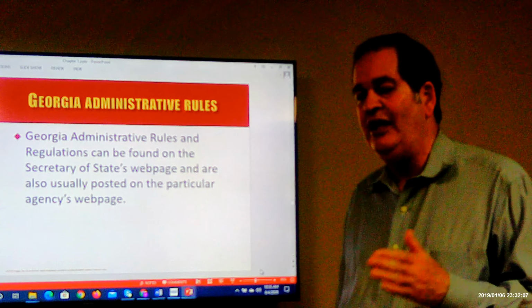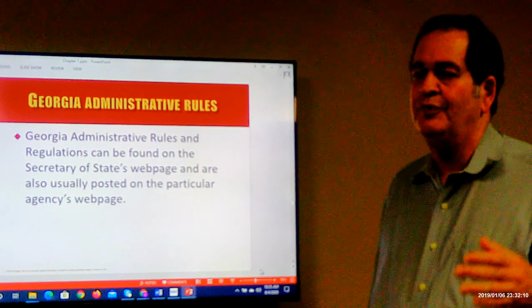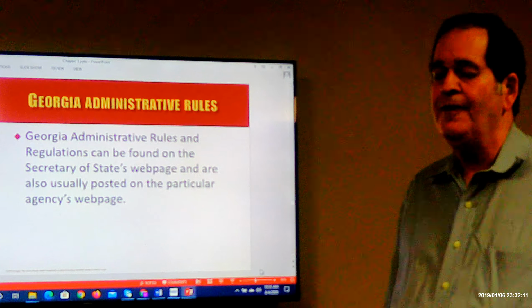In addition to that, each individual agency is supposed to post their regulations on their web page. So in Georgia, your almost only option is electronic, which isn't a bad thing. It's actually much easier. And you would want to look at the Secretary of State's web page and the agency's web page.